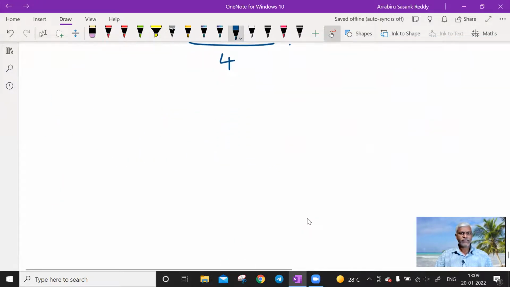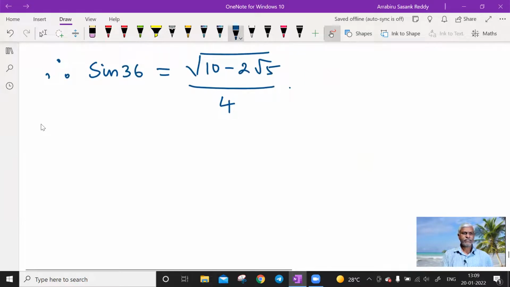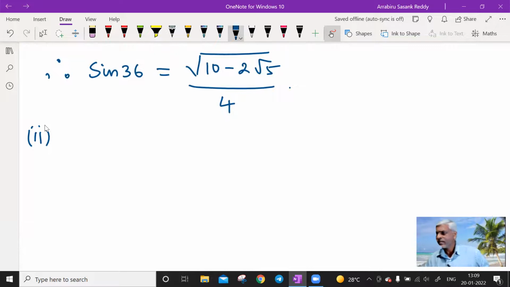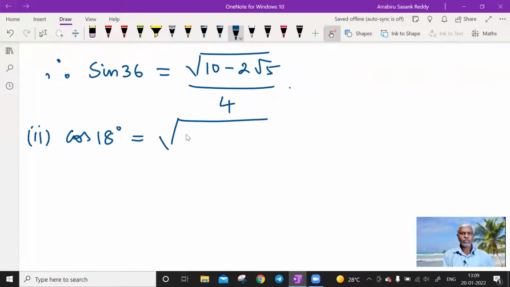And cos 18, second bit. Cos 18. Cos theta is equal to under root 1 minus sin square theta.